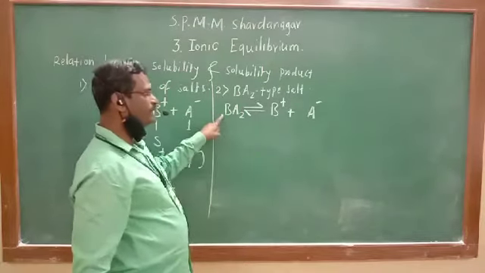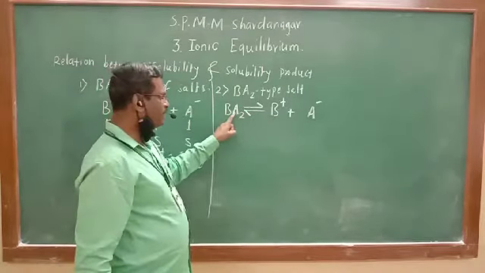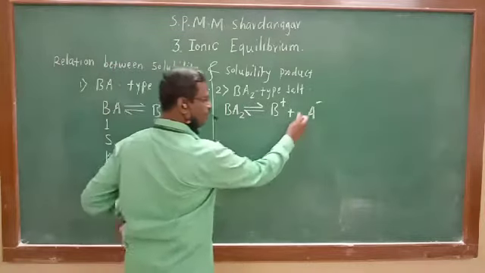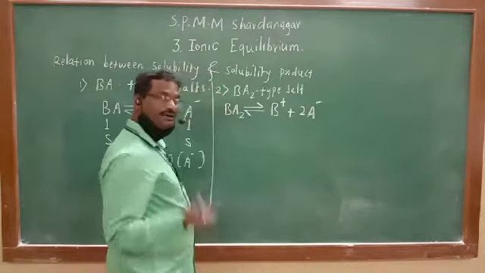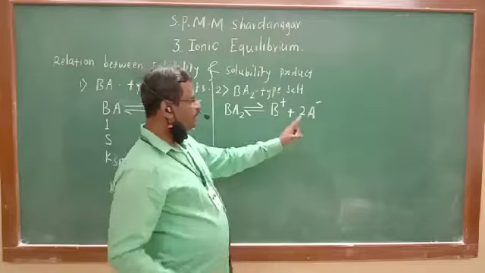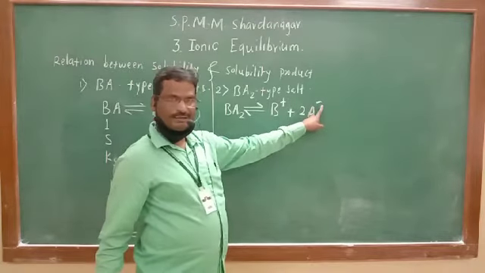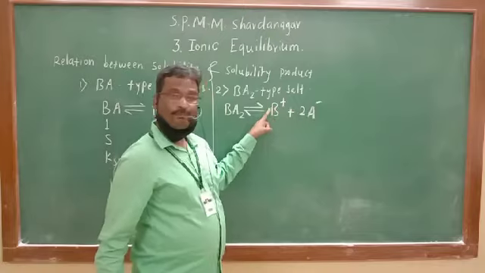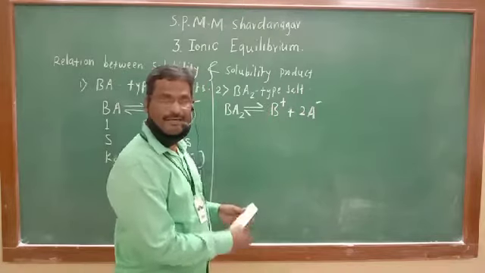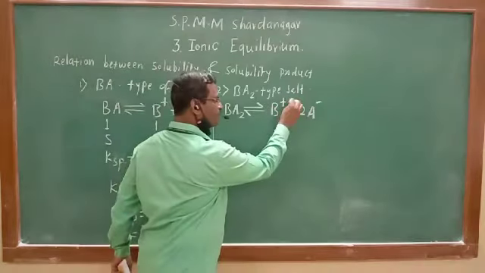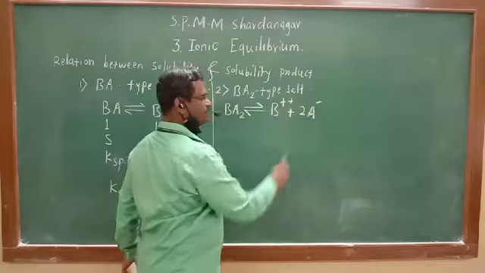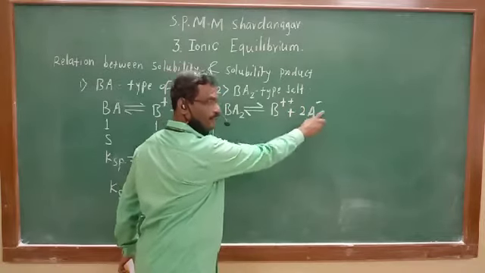Now giving B plus and A minus, balance the reaction. How many B? Only one. How many A? 2. Therefore it is 2A minus. But charge: 2A means how many minus charges are there? 2 negative charges. So how many positive charges should be there on B? This B must have 2 positive charges, B++ and 2A-.